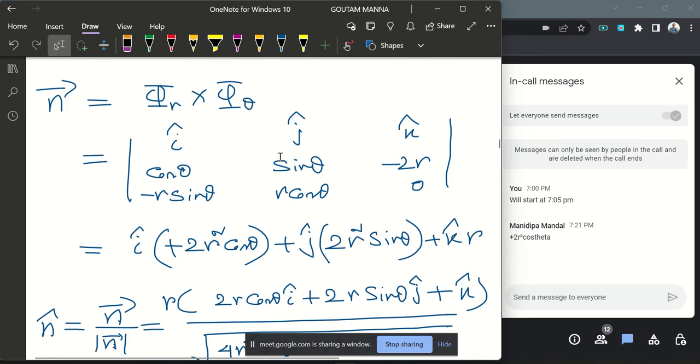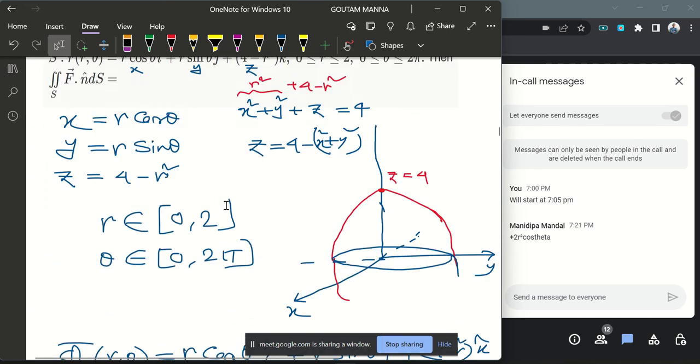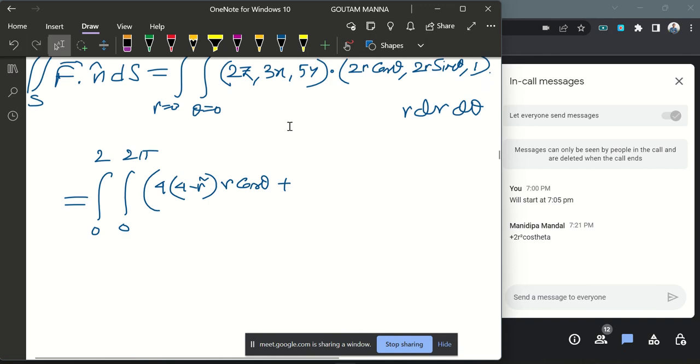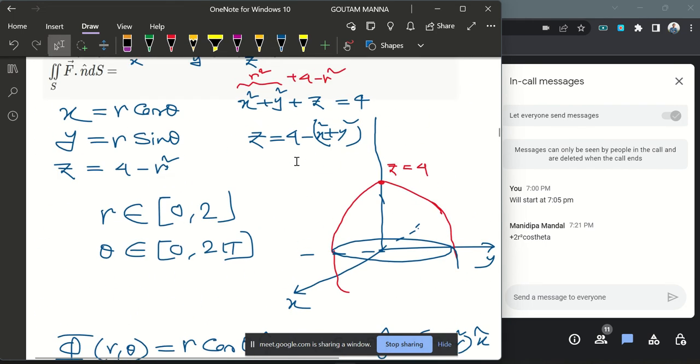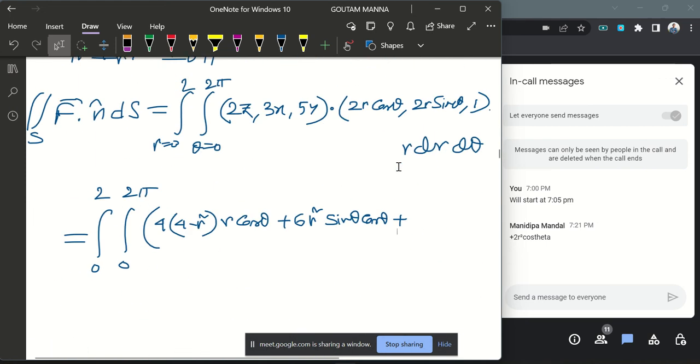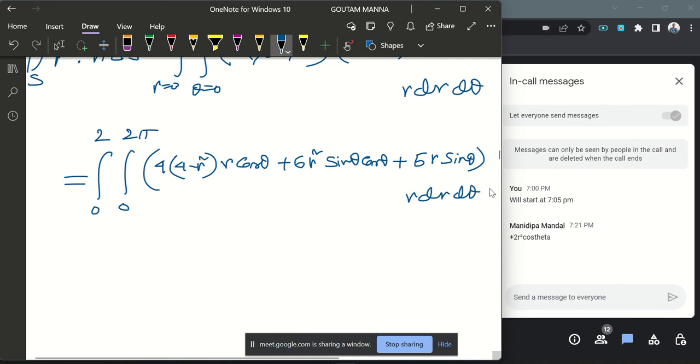So x is r cos theta, so that means 6 r square sin theta cos theta, plus 5y times 1, and y is r sin theta, so that means 5r sin theta, times r dr d theta, and theta is going from 0 to 2 pi.